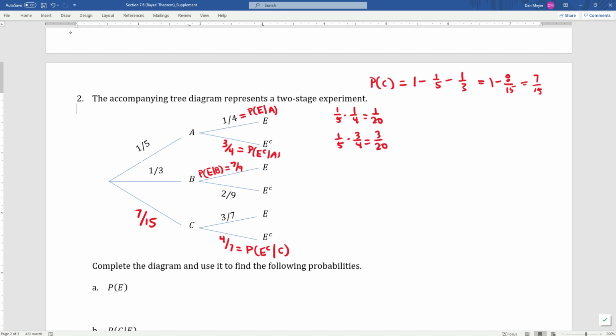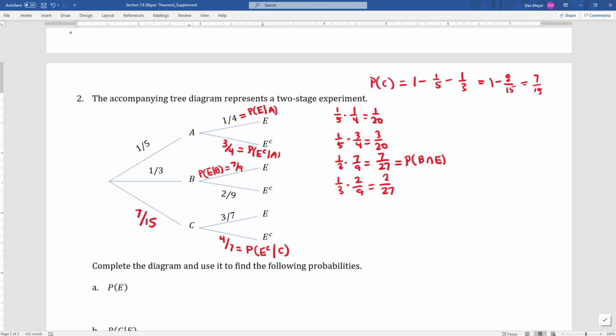The third branch down, B and then E, would be 1/3 times 7/9, which would give 7/27. Again, these probabilities are intersections, the probability that B and E happens here. B and E complement would be 1/3 times 2/9, which gives 2/27.